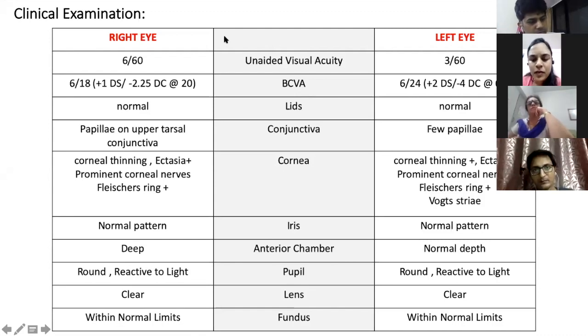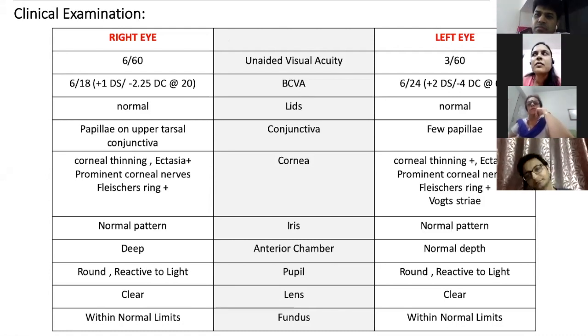Sir, looking at the astigmatism. What type of astigmatism? Okay, apart from astigmatism, other things. Then, sir, corneal signs are there, like corneal thinning, ectasia. There are prominent corneal nerves and Fleischer's ring.